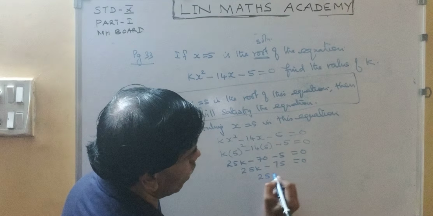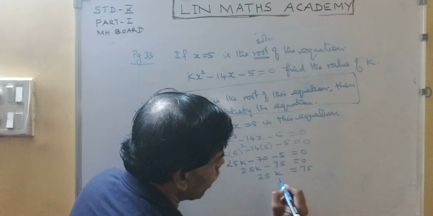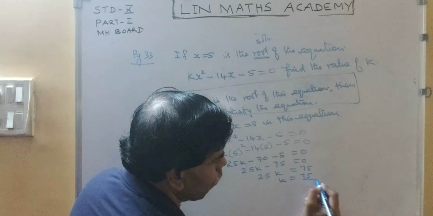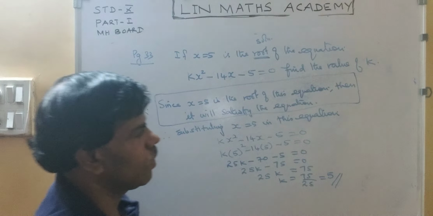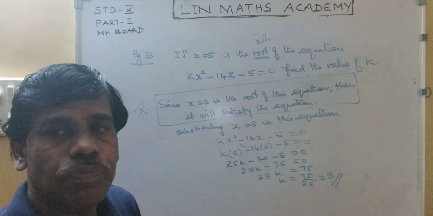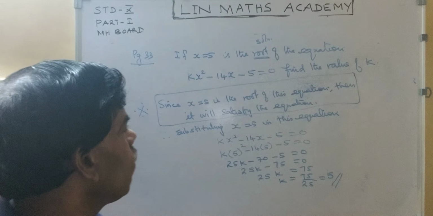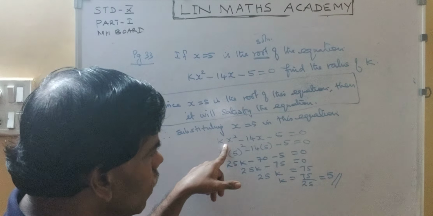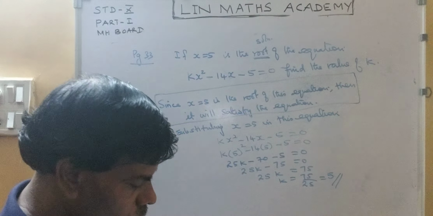So, 25k equal to 75. So, k equal to 75 upon 25 equal to 5. So, if you are given the root of the equation, when you substitute it in that equation, it will satisfy the equation. That is the meaning of that.